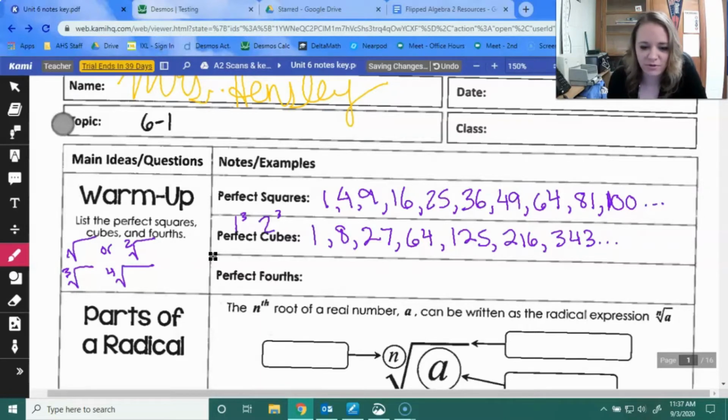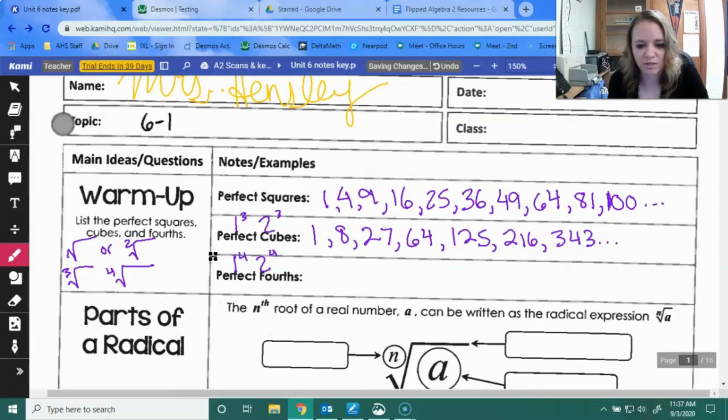So, fourth root. You get the idea, 1 to the 4th power, 2 to the 4th power. When we increase the power, we're just increasing how many of each we multiply. Squares are times twice, and perfect cubes are times itself 3 times.